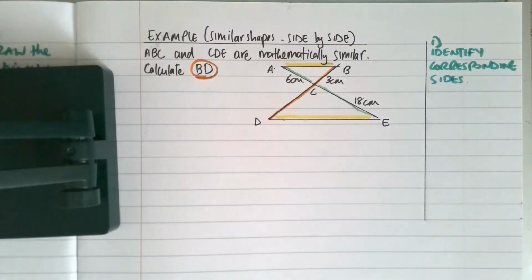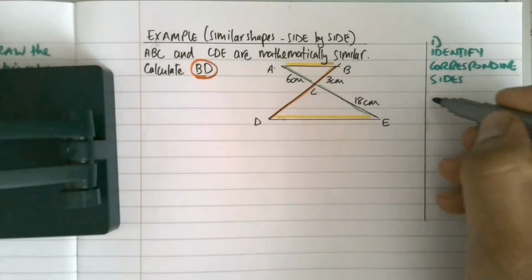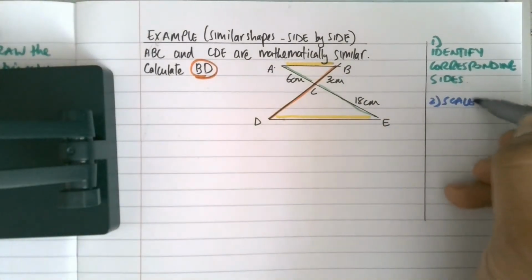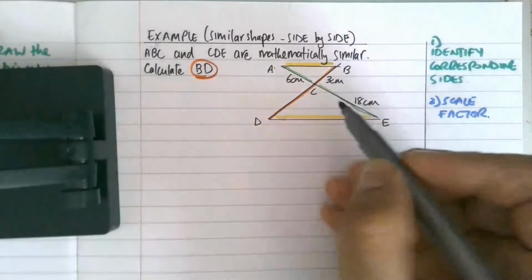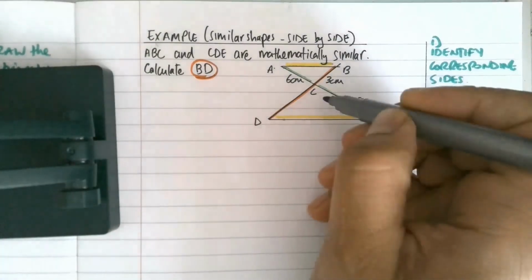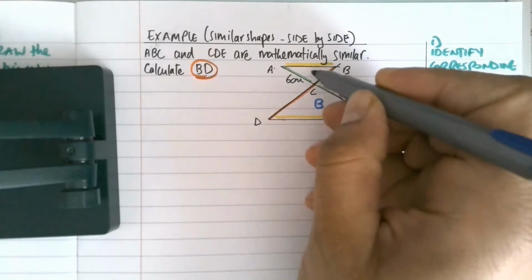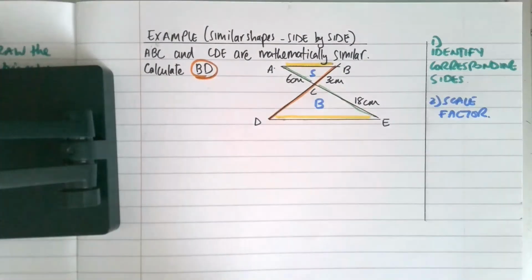Once we've identified the corresponding sides, we need to find the scale factor, and the only corresponding sides for which we have both lengths are AC and CE, the green one. So we're going to use that to work out the scale factor. We're going to divide the bigger length by the smaller length, because we want to work out the scale factor from the smaller shape to the bigger shape.